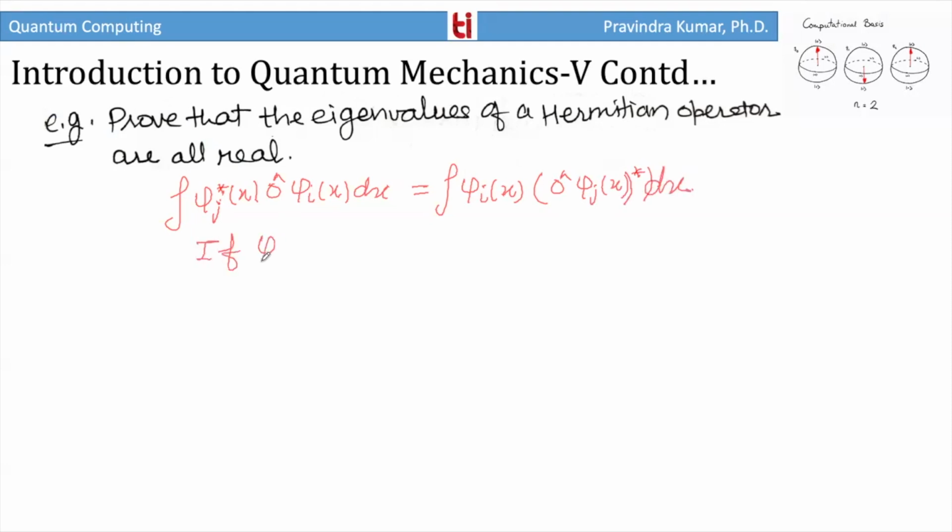And if psi i(x) is equal to psi j(x) is equal to psi, then we get A is equal to A complex conjugate, which is not possible unless A is real. So we can say the eigenvalues of a Hermitian operator are real.